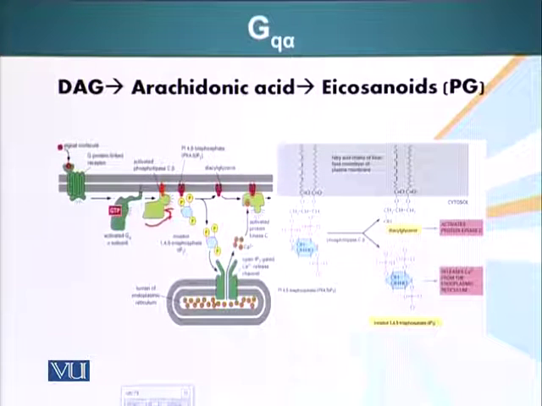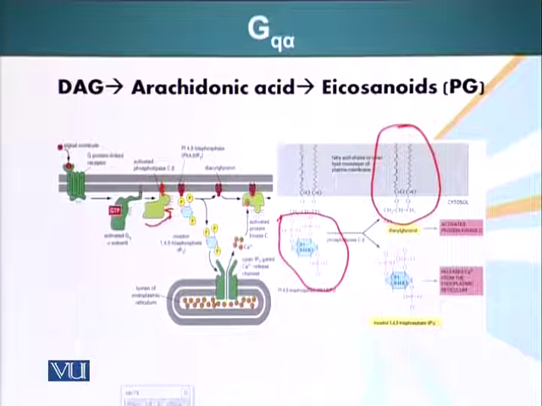As the name suggests, phospholipase is an enzyme that can cleave a lipid molecule, and this is a phospholipid molecule, which we have talked about. It cleaves this molecule into two molecules. One is inositol trisphosphate, and the other is diacylglycerol.